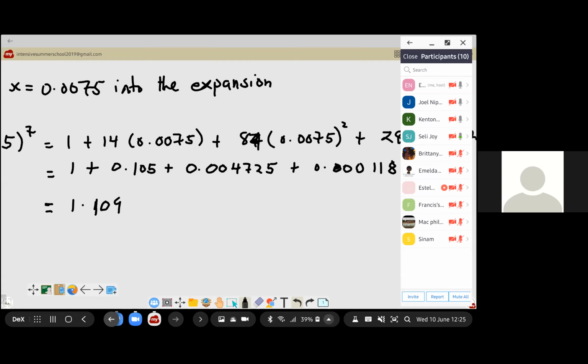I'm not on my calculator right now. You don't have a calculator. Joe, what are you getting? 1.109843. Nathan? 1.109843. Brittany, Emerald, do you have a calculator? 1.109843.